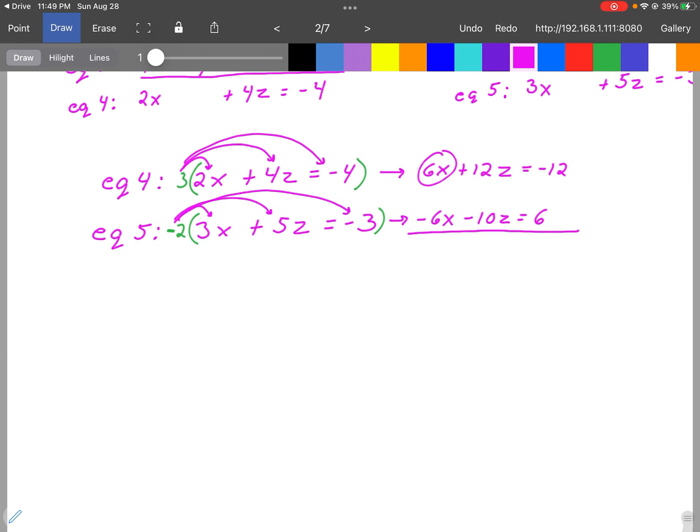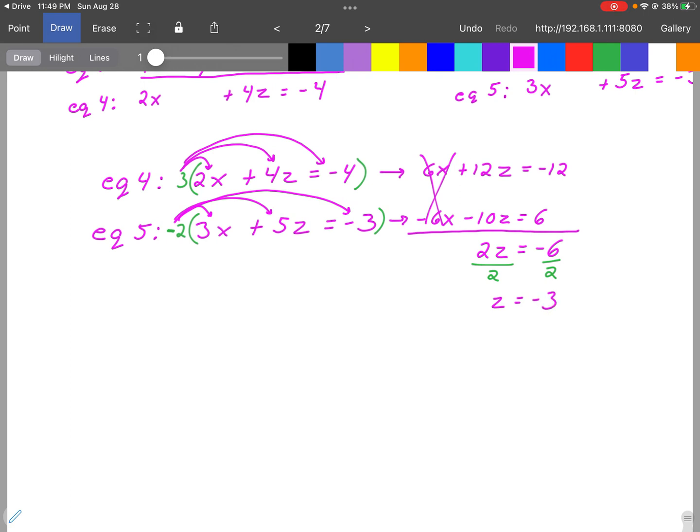So positive 6x, negative 6x, they cancel and they're gone. Now my z's, if I have a positive z plus a negative 10z, or 12z minus 10z, that gives me 2z. And then negative 12 plus 6 gives me a negative 6. Then I can very easily solve for z. So divide by 2 on both sides, and that gives me that z equals negative 3.